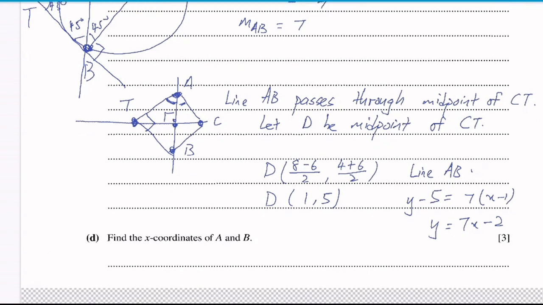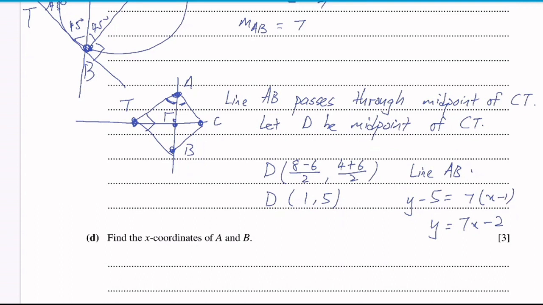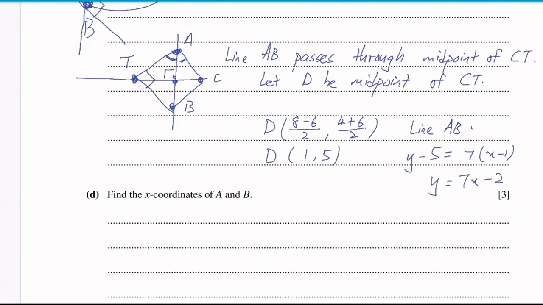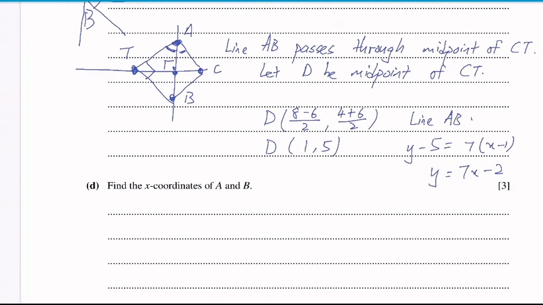Okay. So after that is to find the x coordinate of the A and B. The x coordinate could be easily found if we already have this relationship. So we can substitute y equals 7x minus 2 into the equation of the circle to solve that. The equation of the circle is x minus 8 squared plus y minus 4 squared equals 100.